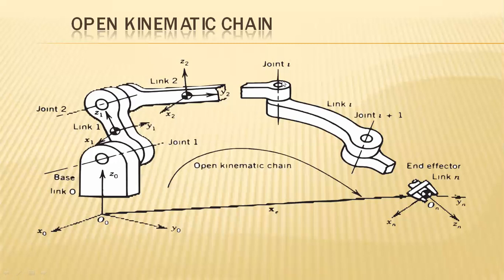So comparing only the joint positions, based upon these joint positions, the work needs to be characterized. Joint i is link i and joint i plus 1, and this link i plus 1 is where the end effector will be attached to it.